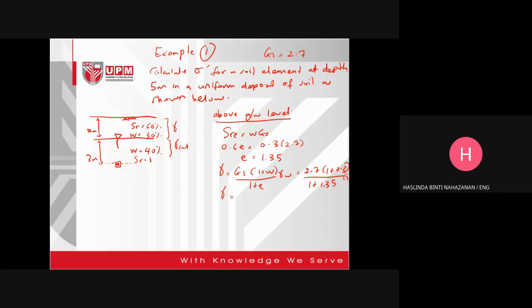Then you have unit weight equals 14.6 kilonewton per meter cube.